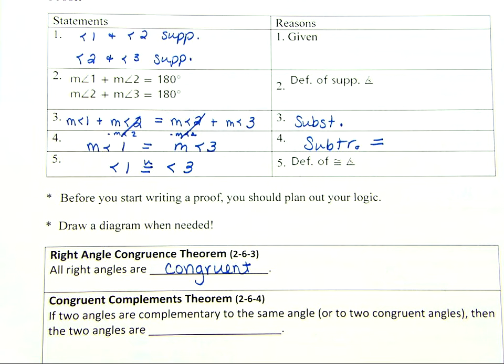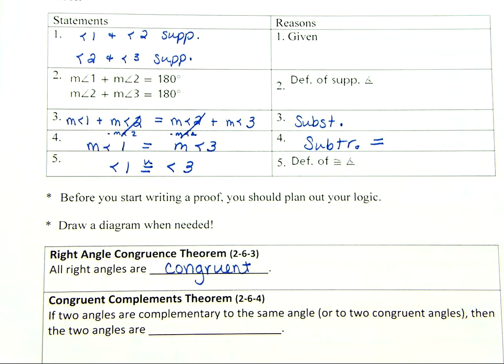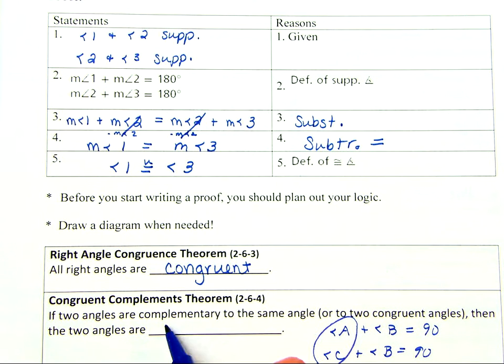Likewise, the congruent complements theorem: if two angles are complementary to the same angle, then the two angles are blank. Well, if angle A was the complement of angle B, and angle C was a complement of angle B, what's true about angle A and angle C? They would have to be congruent.